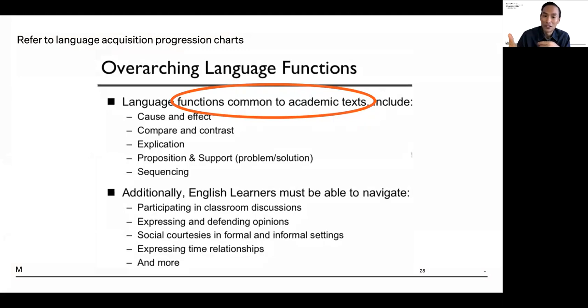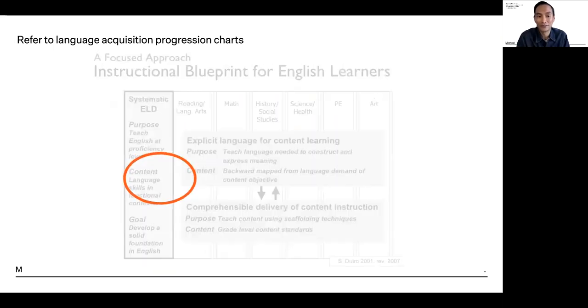You have to go a step further and think that the ELLs need to say these things while participating in the classroom. So you have to give them the prompts to be able to participate well in the classroom in order to have them say something that's related to cause and effect. Okay, so there's different levels for the ELLs as they enter your classroom that you need to be aware of.